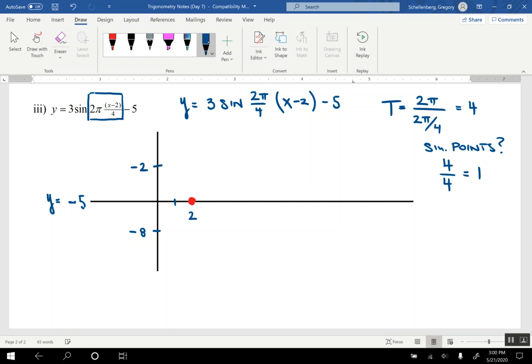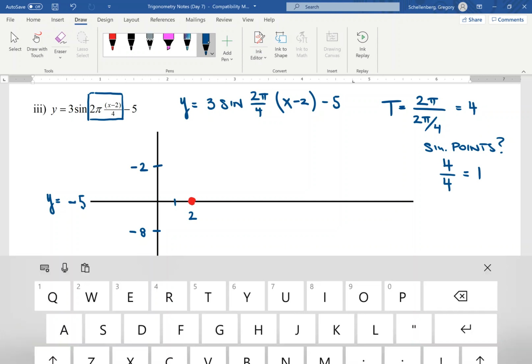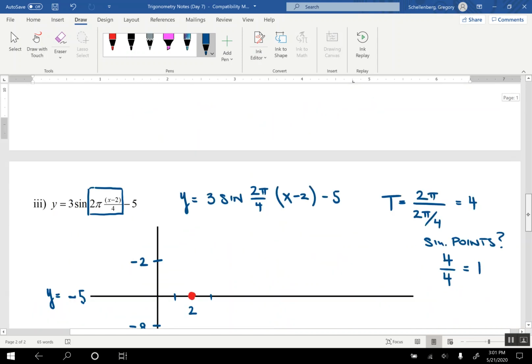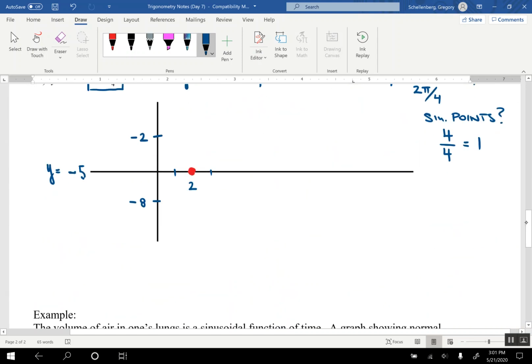Our sig points occur every 1 unit. So we've got 2, 0, 1, 2. We'll label some more points. 3, 4, 5, 6, 7, 8, 9, and 10. That should be more than enough.